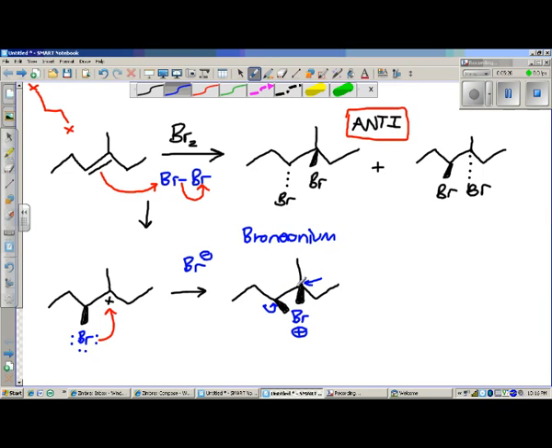You could argue that this carbon is slightly more hindered by steric hindrance because there's more alkyl groups coming off this carbon than this one. But the fact is you'll form a mixture of both products regardless of the percentage composition. So let's see what we can do. Let's see if we can figure out something.